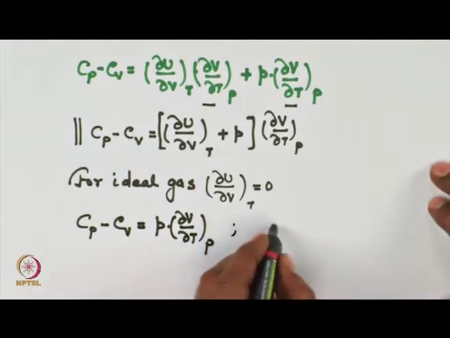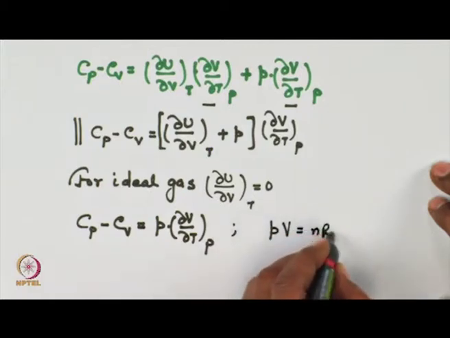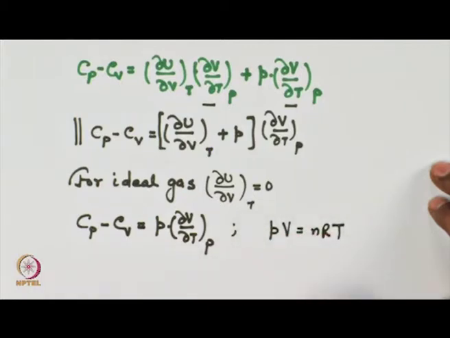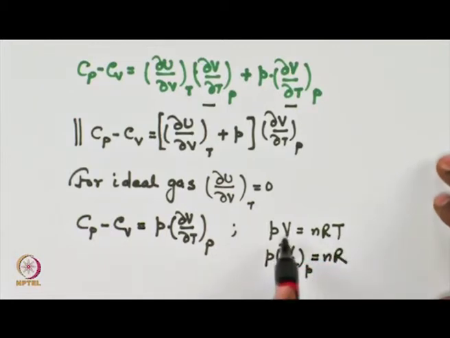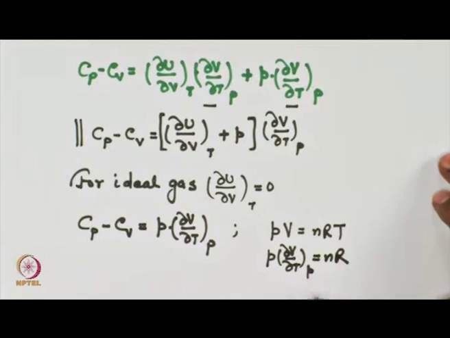Now you remember that PV is equal to nRT. This is for an ideal gas. So according to this, P into the variation of volume with respect to temperature at constant pressure is going to be nR. The derivative of temperature with respect to temperature is 1, so we have nR.